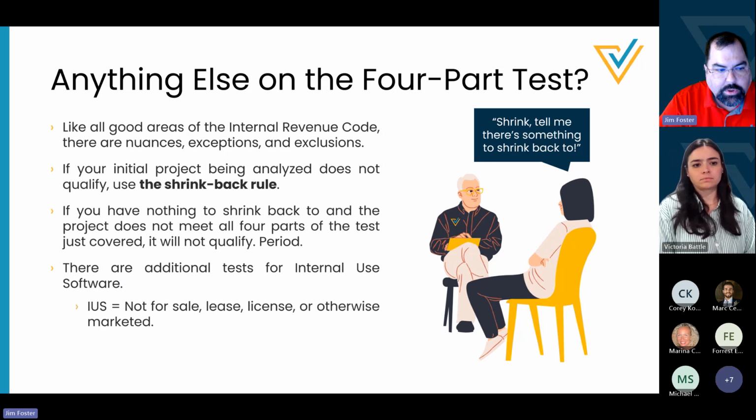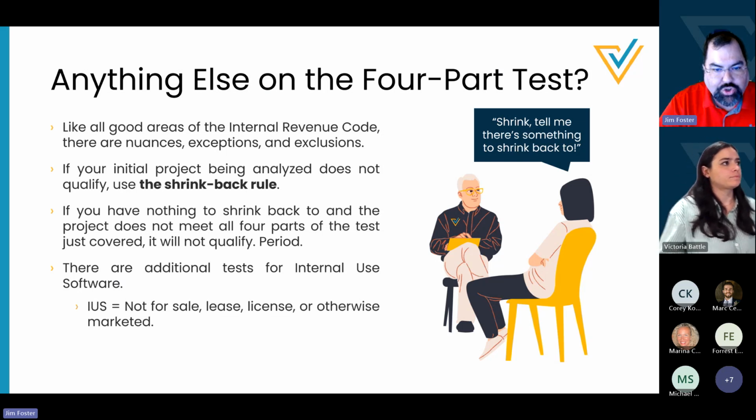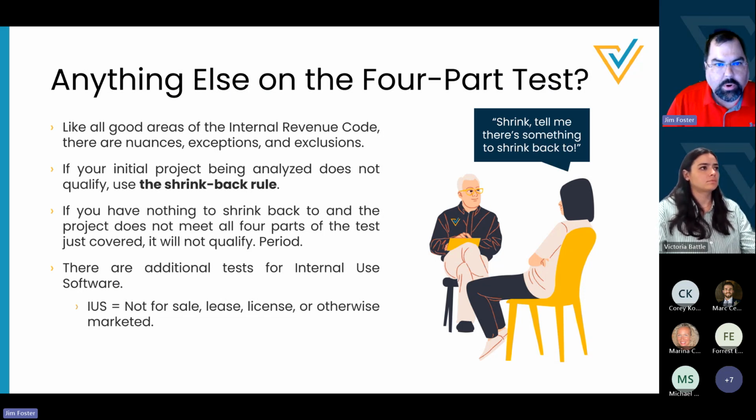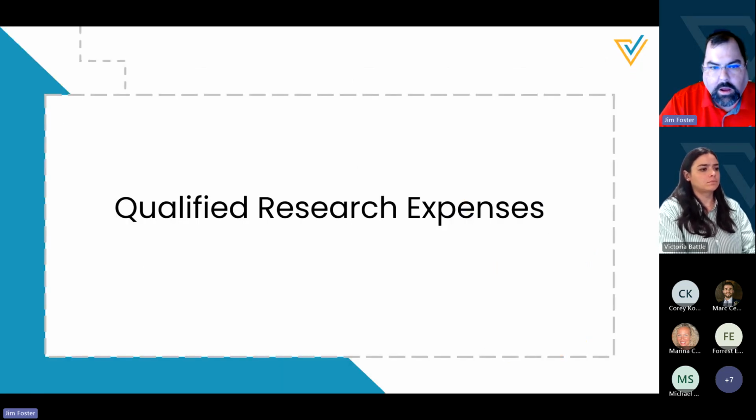Also note, internal use software, which is any software that is not for sale, lease, license, or otherwise marketed, has a bunch of additional tests that have to be either an exception, exclusion, or a test has to be met in order to qualify it for the credit. And when we get to 174, you're going to see it's a little different. But I wanted to point that out.